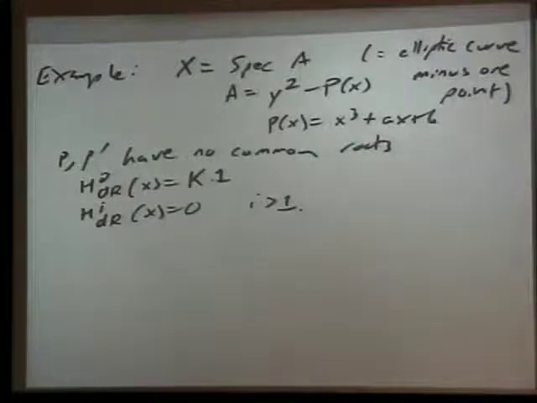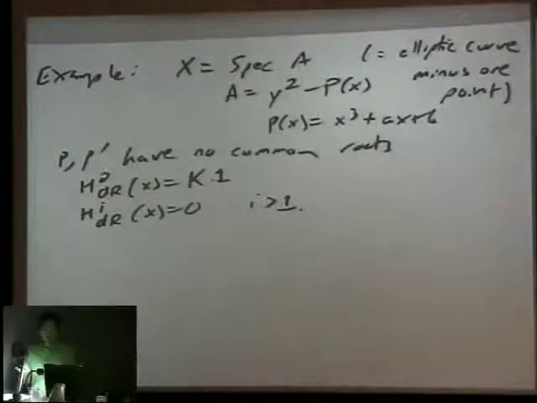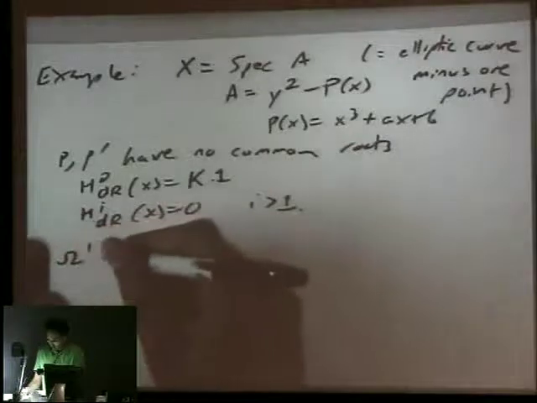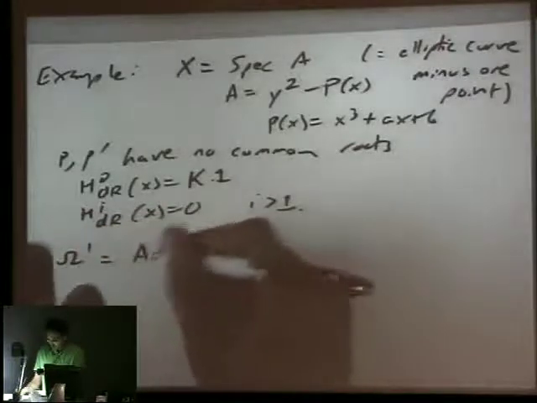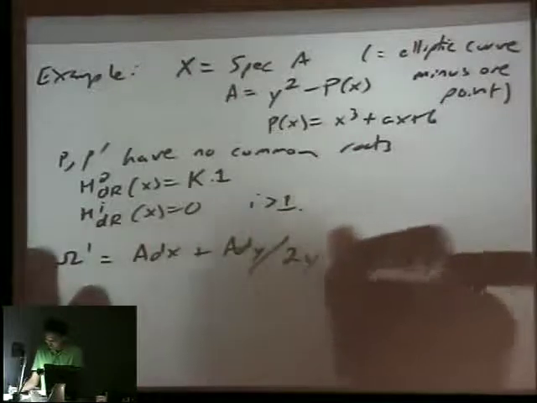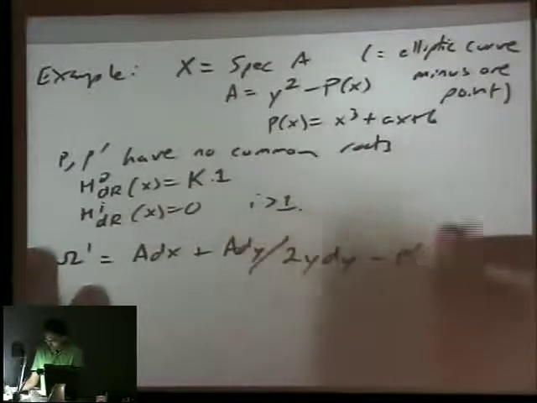So what is H1? We only have to figure out which one-forms are exact, because every one-form is closed. There is no omega 2, because we're on a one-dimensional smooth thing. So what is omega? Omega 1 is generated by dx and dy modulo the relation 2y dy minus p prime of x dx.